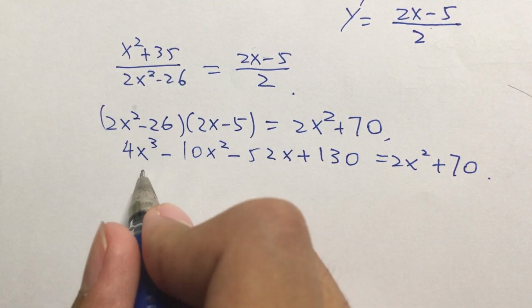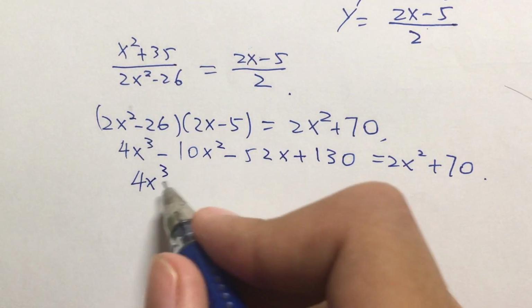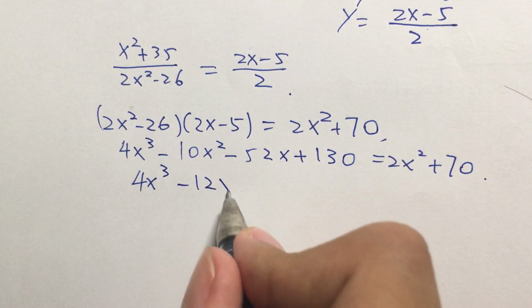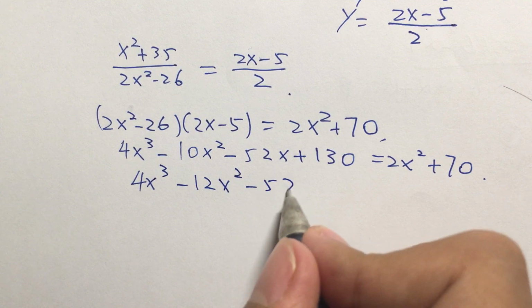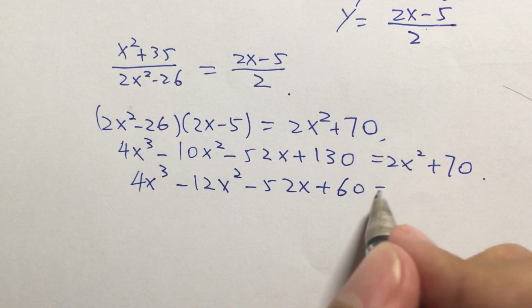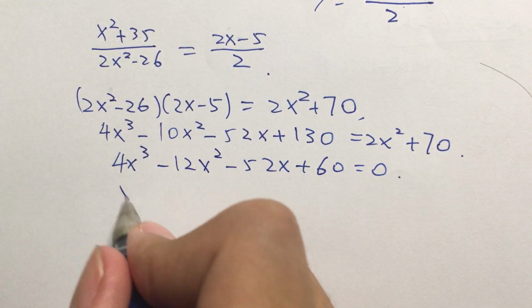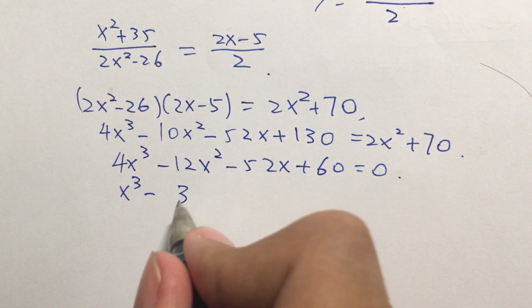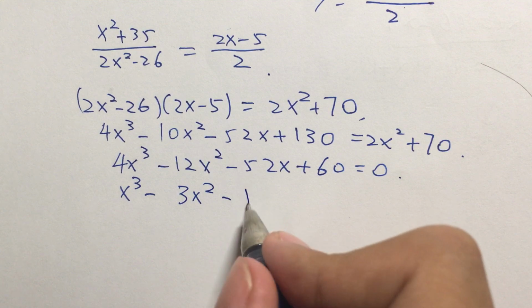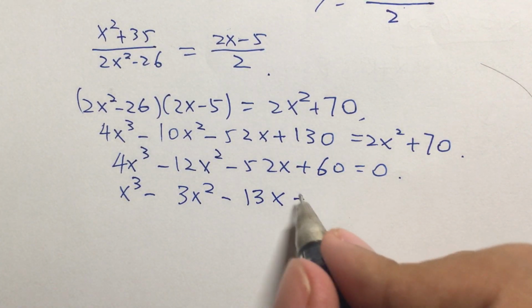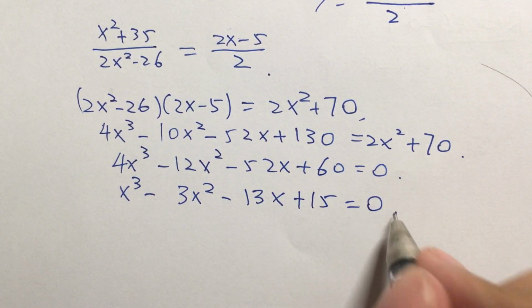And let's simplify this. Becomes 4x cubed minus 12x squared minus 52x plus 60 equals 0. And let's divide it by 4, which is x cubed minus 3x squared minus 13x plus 15 equals 0.